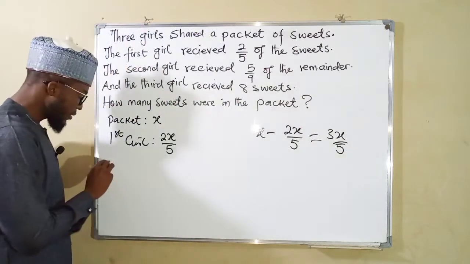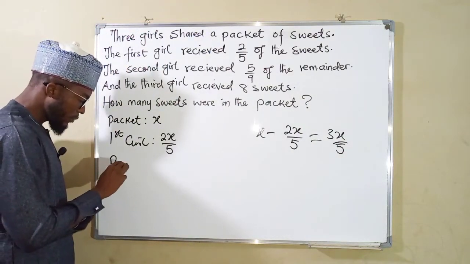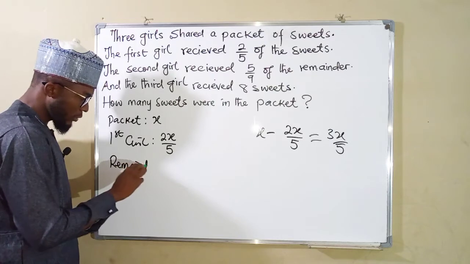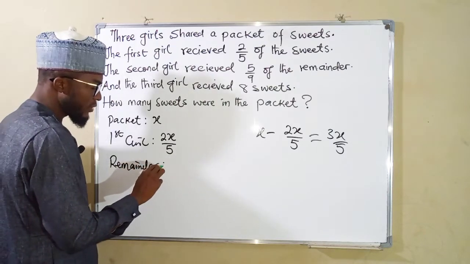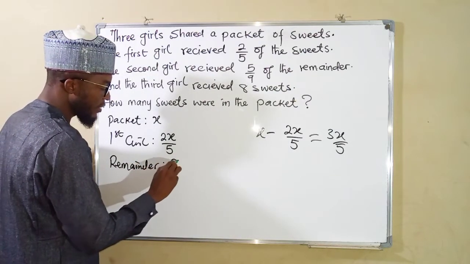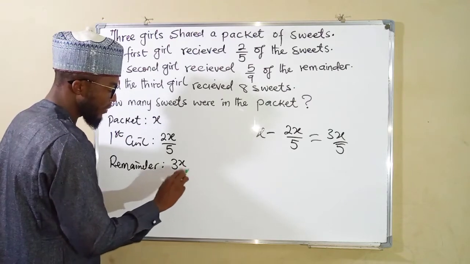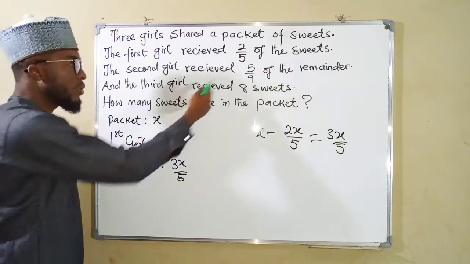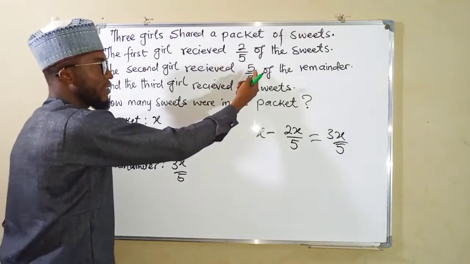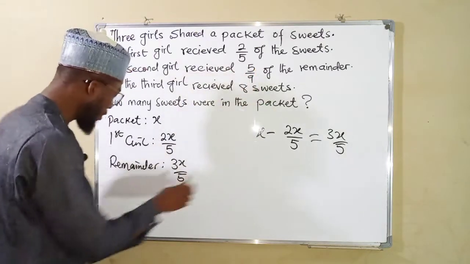So the remainder is 3x/5. Now to find out what the second girl received, we have seen that it is 5/9 of the remainder.